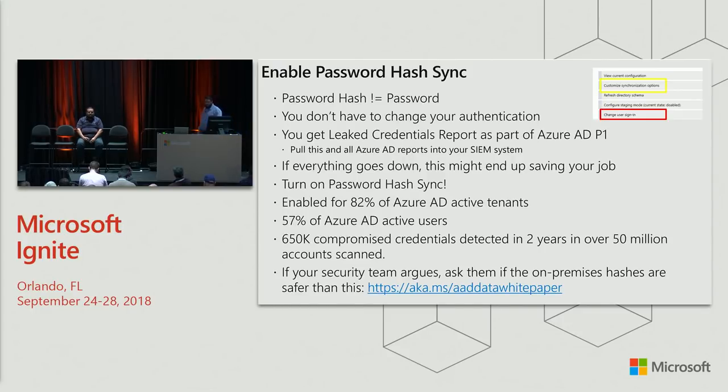So how many of you were impacted by the NotPetya attack from 2017? Any of you? Or WannaCry? The SMB thing? We know not all of you are telling the truth, but we know of several enterprise customers where on-premises was basically shut down, domain controllers were shut down, ADFS was shut down.